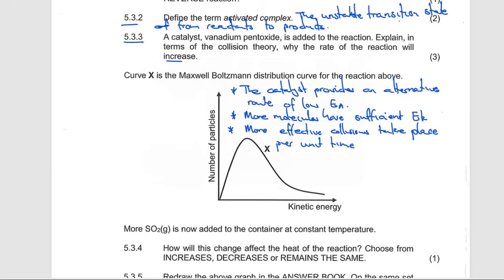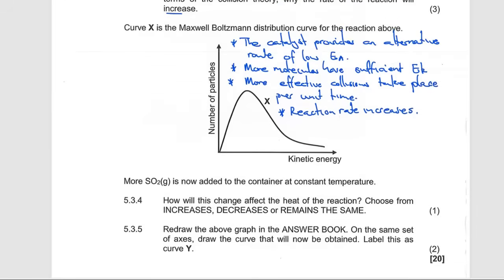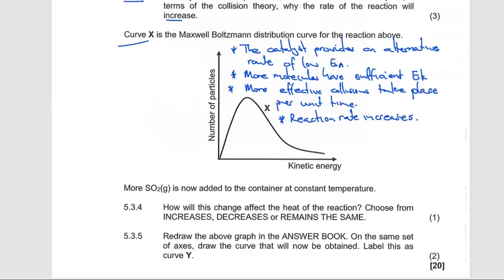Then we're going to conclude and say that the reaction rate increases, or the rate of reaction increases. So that's what we have. Then we're going to proceed. They're giving us the curve there.